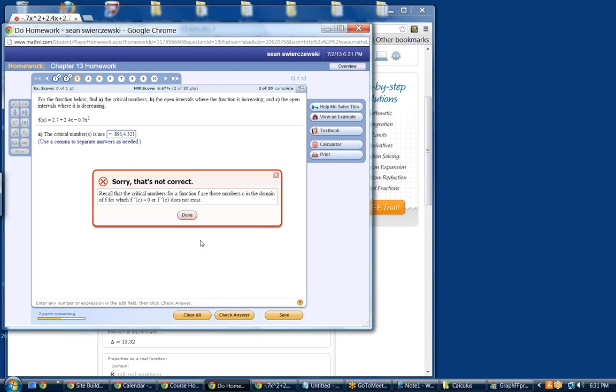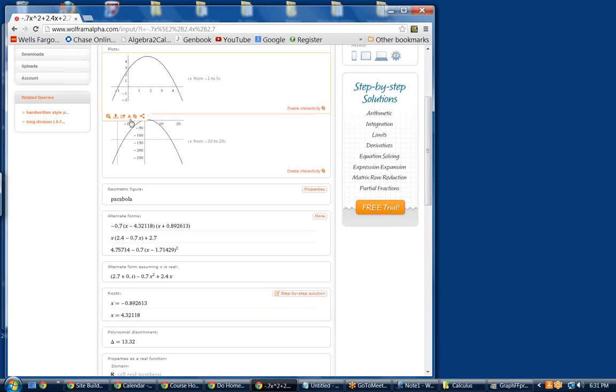We got to take the derivative of this. What was I thinking? If this is the function, and this is what the function looks like, we want to take the derivative of this, which gives us that point after we set it equal to 0, and the answer will be whatever the x value is for that.